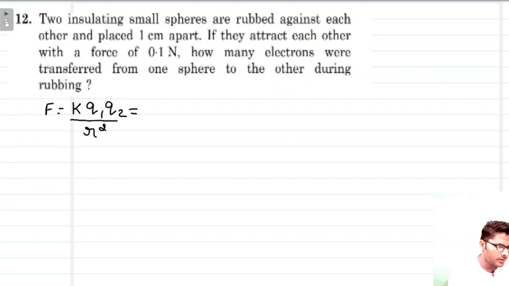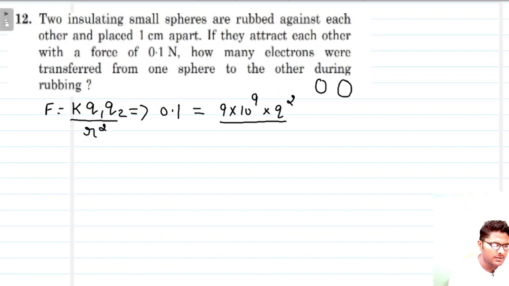As you have been told about the force, substituting the value 0.1 newtons and the value of k, q1 and q2 are the same, so q square. Why are these the same? Suppose these two are the small spheres which have been rubbed against each other.